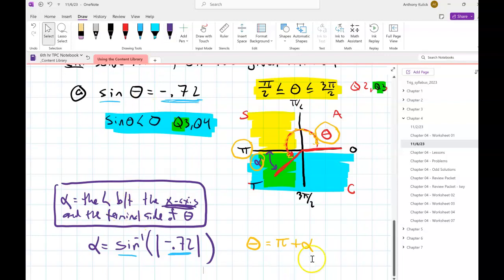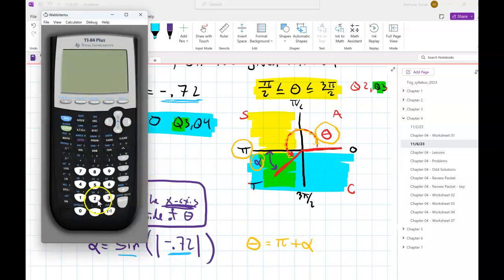So now I am ready to go to my calculator. I'm going to do pi plus sine inverse. And to find the absolute value, I can press math, go over to the number tab, and pick the ABS command.